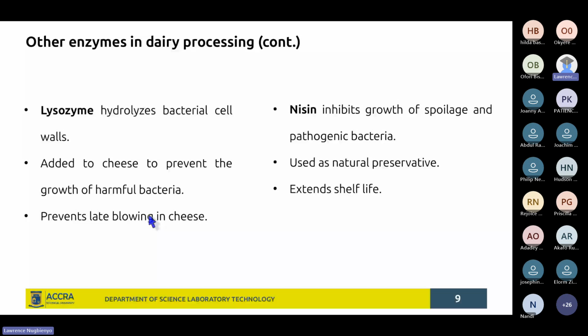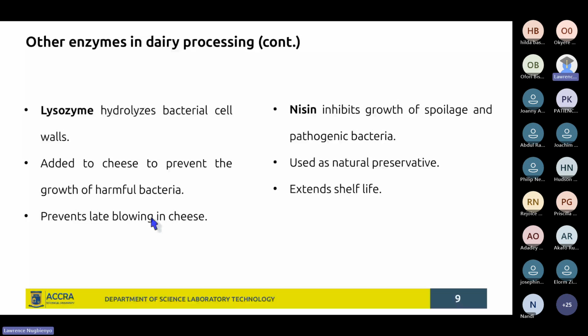Such cheese is not of very good quality. Good quality cheese will be more compact. Even if there are any holes, they are very, very tiny, not big ones. But if you do have some of these bacteria present in cheese, then you have what is referred to as late blowing, and you have these large bubbles which are formed, and the cheese is full of big hollows in it.